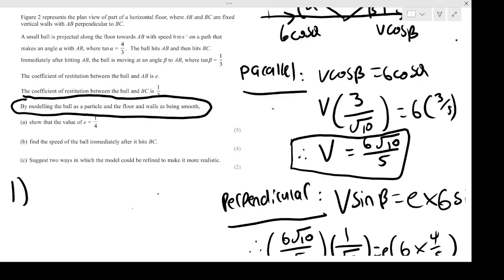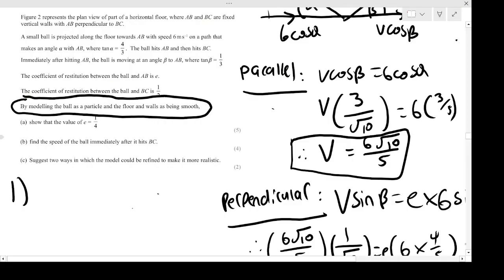It means several things. Firstly, the ball is a single point, so it's got no dimensions pretty much. The second one being there are no rotational effects that act on the ball or the object, so it won't rotate or anything like that. For example, if it was a car on a road, normally it would skid and rotate and turn. It won't happen here.